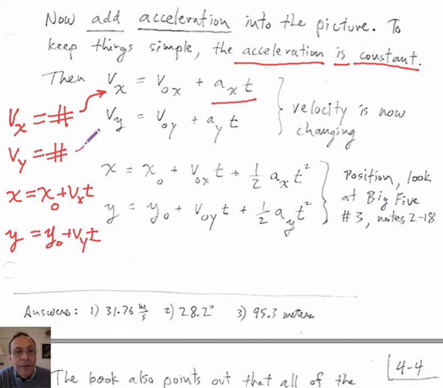We have a very similar looking thing for the y component of the velocity: initial y velocity plus the y component of the acceleration times time. And for the x and y positions, it's the initial x position plus the initial x component of the velocity times time plus 1/2 a t squared, and the a is the x component of the acceleration.